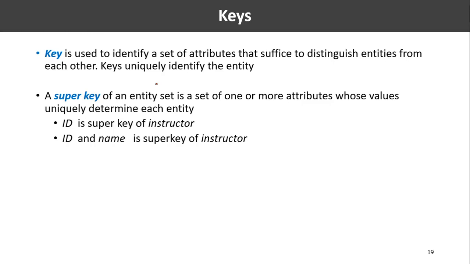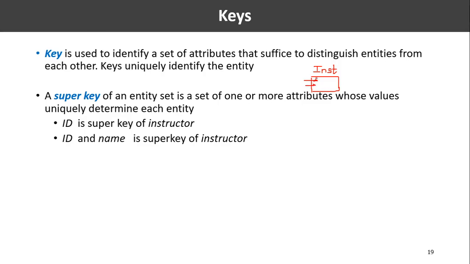For example, if I have instructor as one of the entity sets, then I am storing the data related to several instructors in this entity set, and what I want is to distinguish one instructor from another instructor.